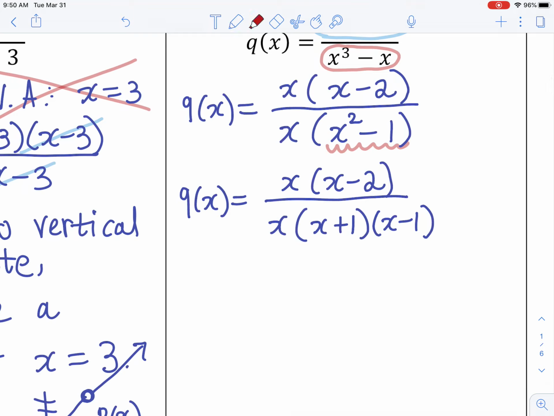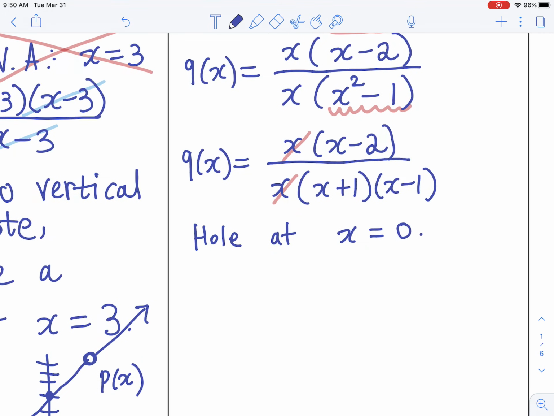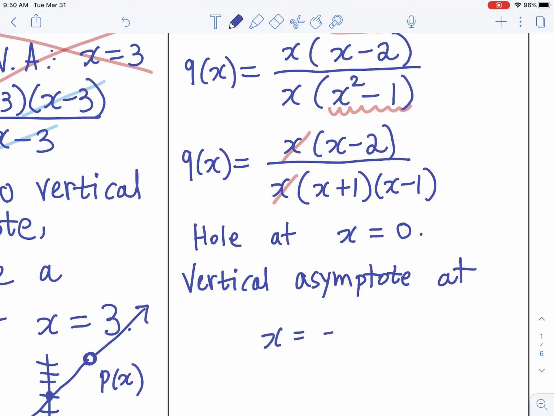I should be able to see if anything cancels out. Any common factor? Yes, the x will cancel out. So what do we have? We have a hole at x equals 0, because this canceled out. But now we have two vertical asymptotes at x equals -1 and x equals +1.